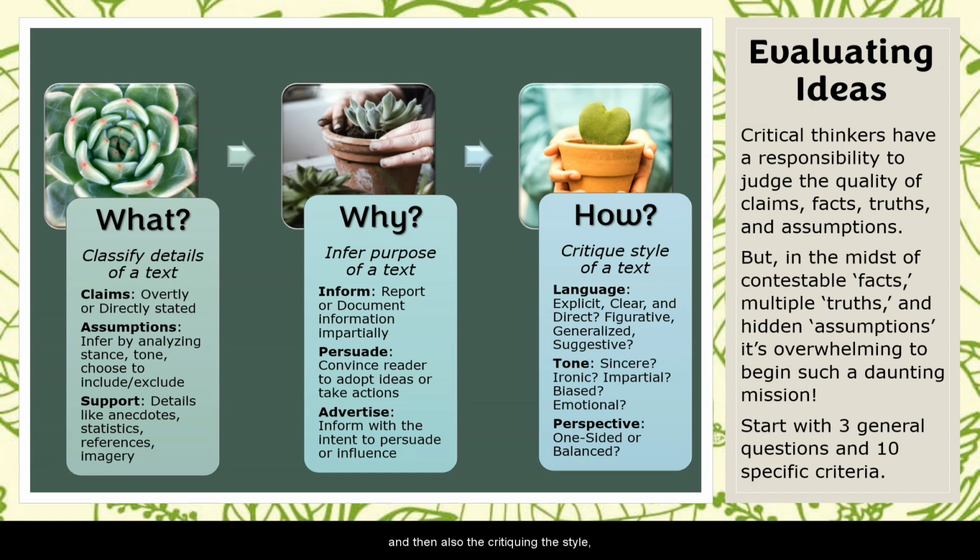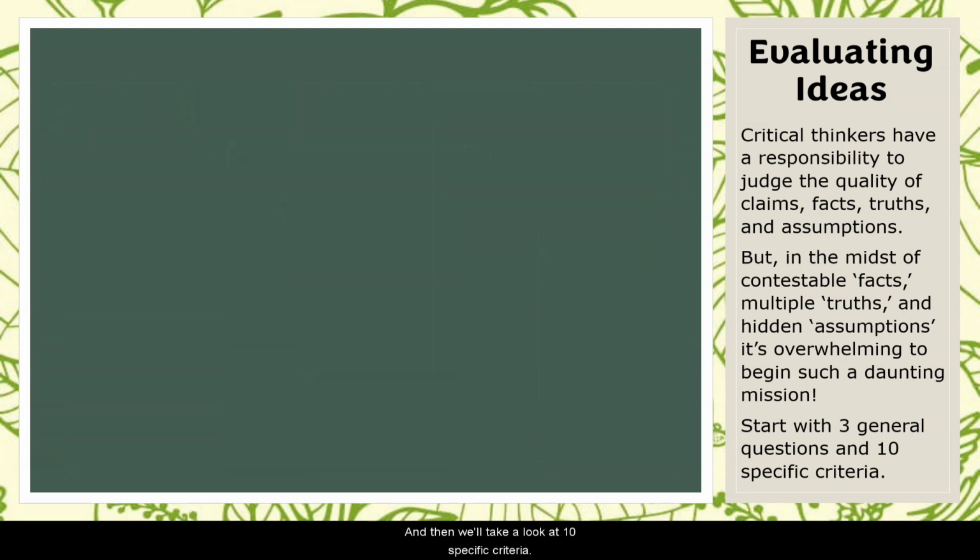And then also critiquing the perspective that they're showing to you. Are they showing you something that's balanced, or something only from one side, only from one angle? So 3 questions, what, how, and why, and then we'll take a look at 10 specific criteria.